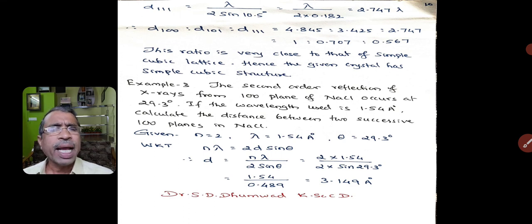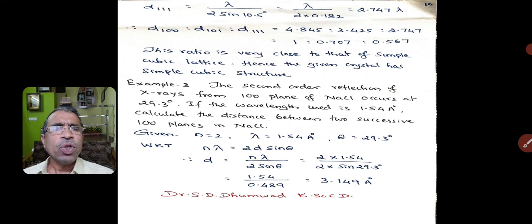Coming to the third example, here sometimes they ask the distance between two planes. The second order reflection of X-rays from the 100 plane of sodium chloride occurs at 29.3 degree.